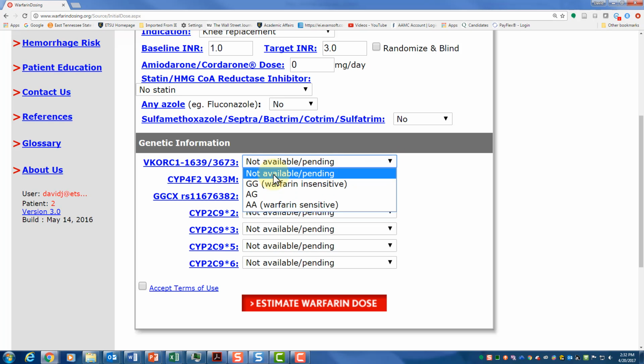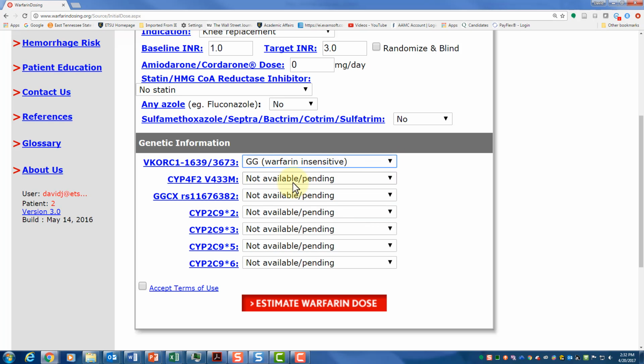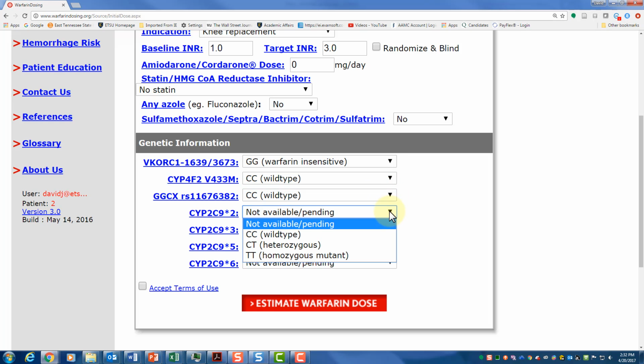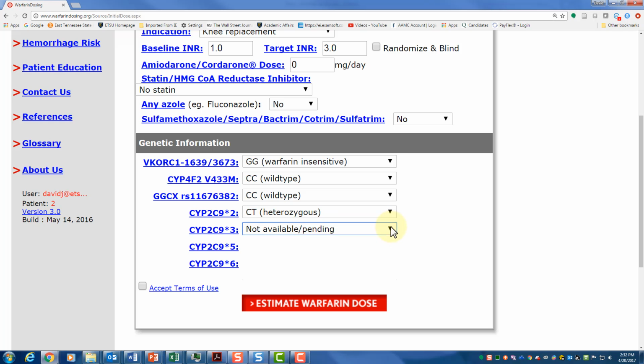So this is the vitamin K reductase, and we'll say he's a GG, warfarin insensitive. And then for this other SNP, we pick the wild type. For this one, we'll take the wild type. For this one, we'll take a heterozygous. We'll do wild type for the others.